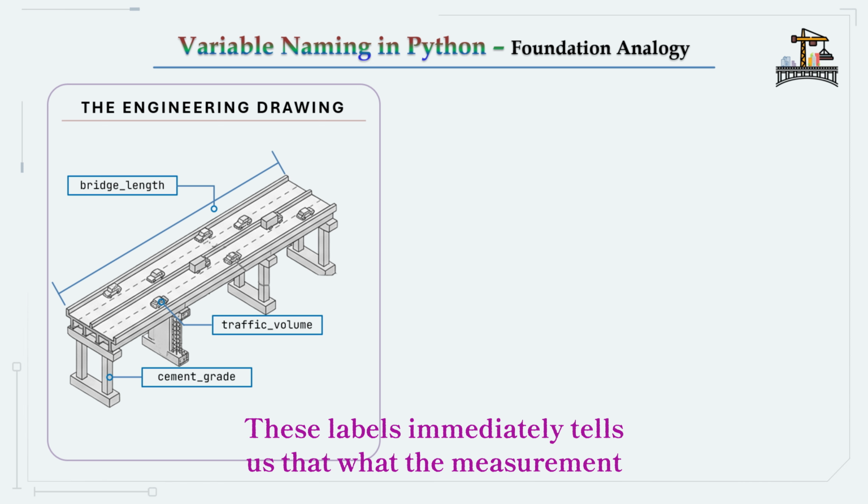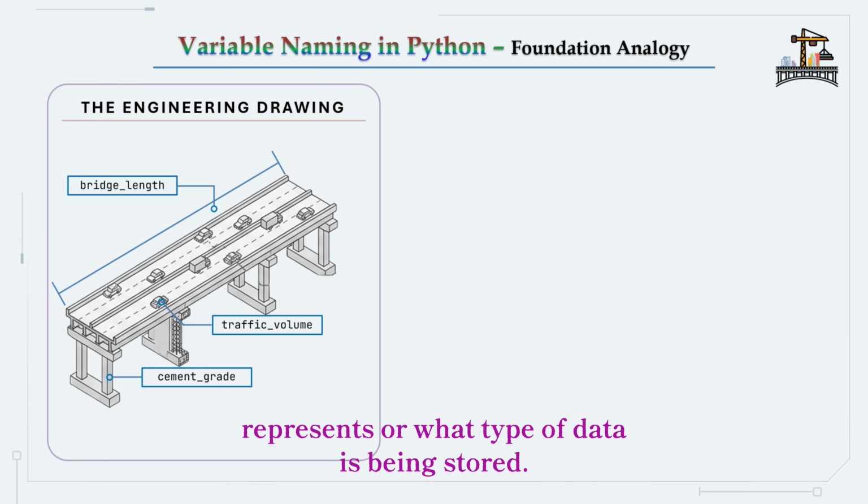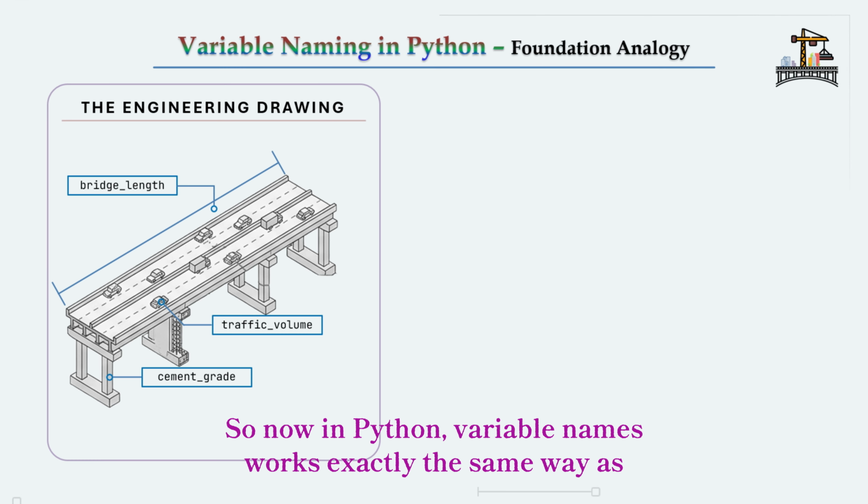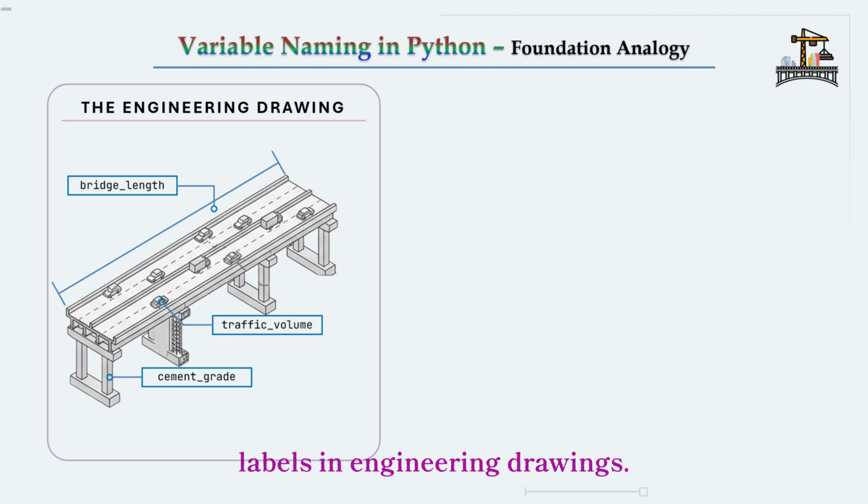These labels immediately tell us what the measurement represents or what type of data is being stored. So now in Python, variable names work exactly the same way as labels in engineering drawings. Now let us see how these engineering labels look in Python code.